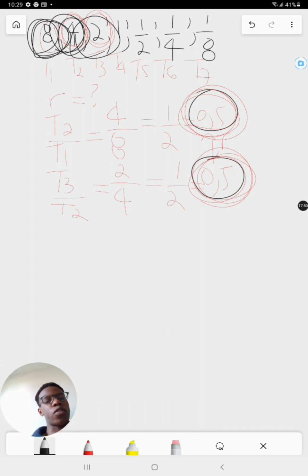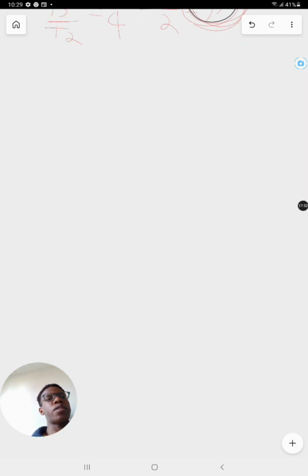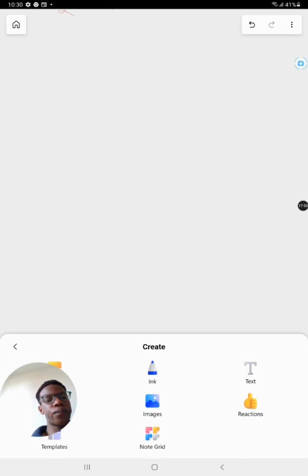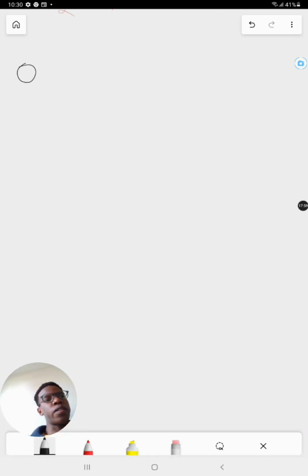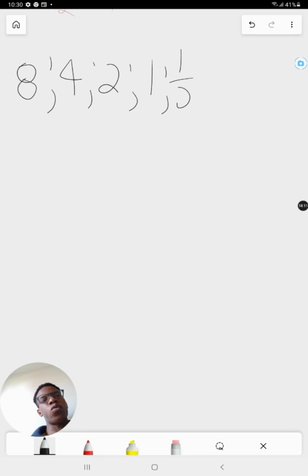And then term 4, I'm just going to rewrite it a bit more nicely. Term 1 is 8, term 2 is 4, term 3 is 2, then we've got 1, then 1 over 2, then 1 over 4. This is where I'm going to stop.